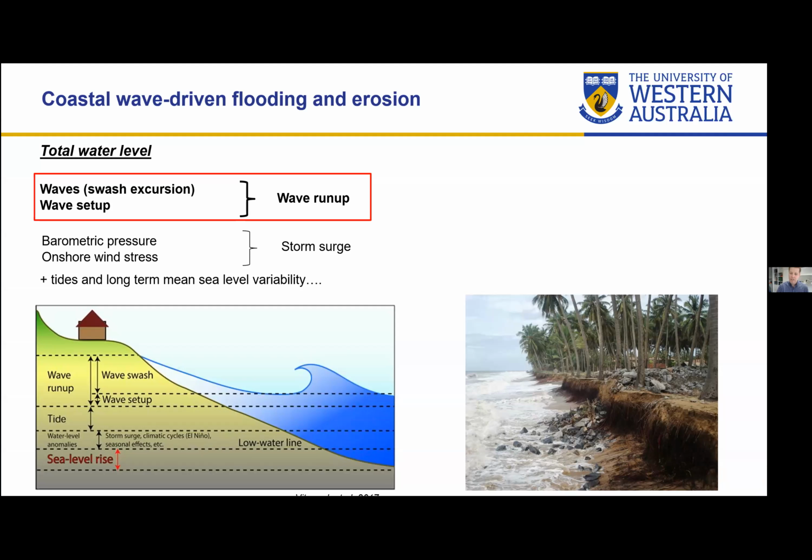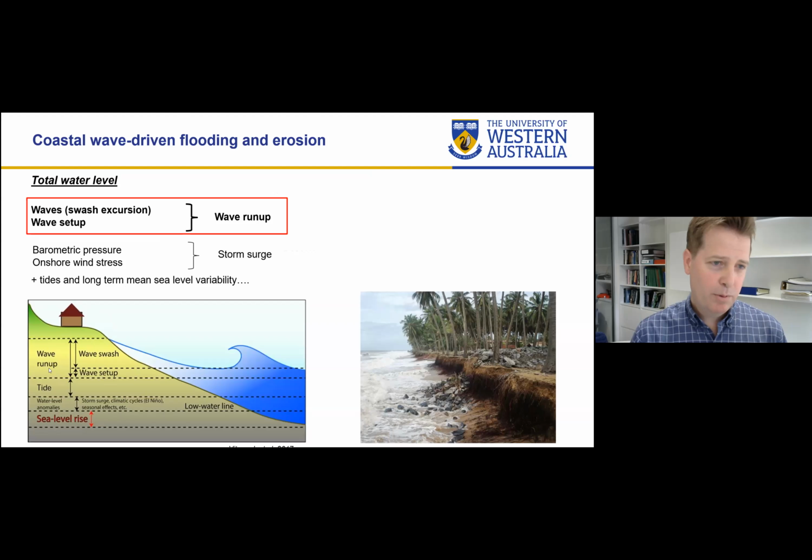So the motivation for this work is really trying to understand the various processes that drive coastal flooding and erosion along reef coastlines. And one of the things we often want to know is the extreme water levels that are generated, which is due to a number of processes and how they interact. So there's offshore processes like your storm surges, tides, long-term sea level variability.